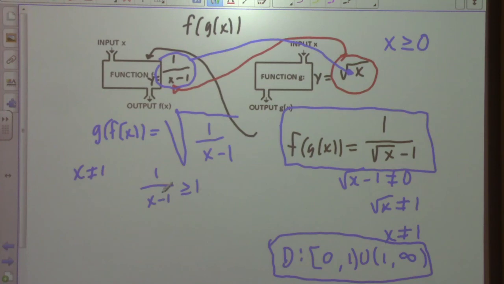And where does that happen? For it to be greater than or equal to 1, this thing has to be what? Is it less than 1? How do we figure that out?